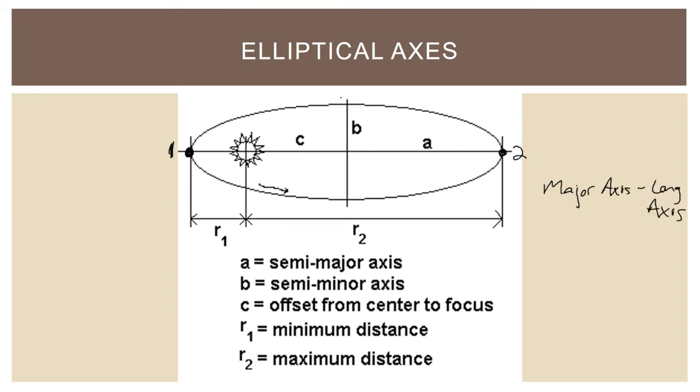And of course, there's another axis that you can see here. And let's just say this is between points 3 and points 4. That would be the minor axis, and that's just the short axis. I think that makes sense. The major is long, the minor is short. It's easy to remember.